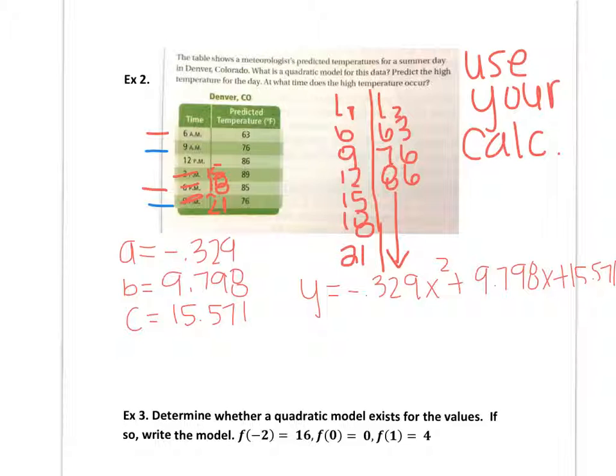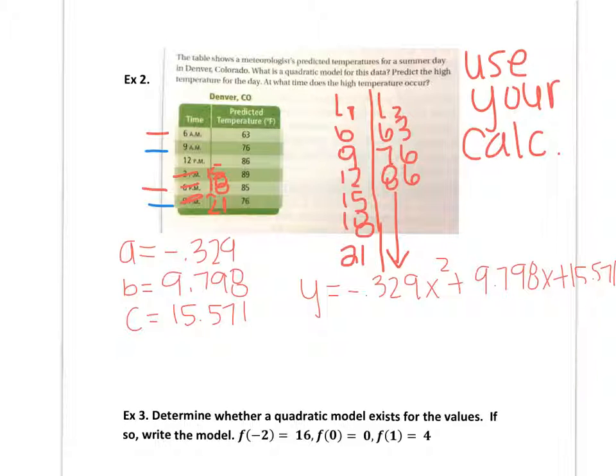Then you're going to go to second, calculate, because we want to calculate the maximum, the high temperature, right? High temperature can go with our maximum value. So you're going to calculate the max value. You're going to have to do the left bound, right bound thing. Go on the left side of the graph, hit enter, go on the right side of the graph, hit enter, and then guess the maximum.